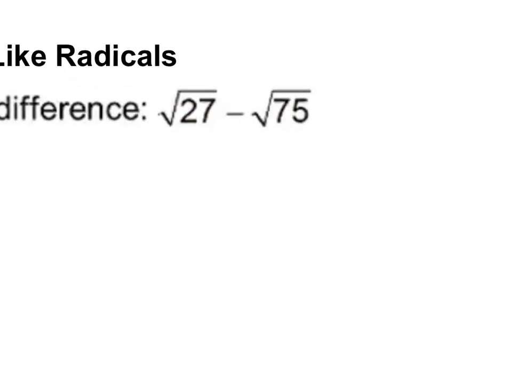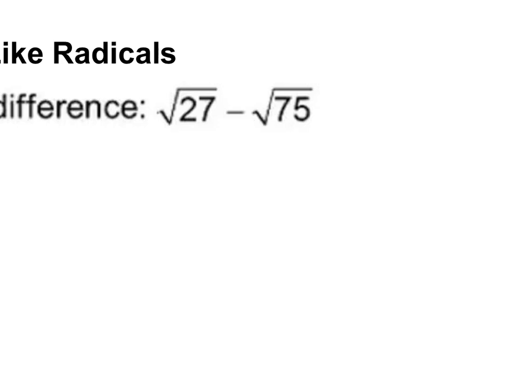So what I want to do is simplify the square root of 27 minus the square root of 75. If I take the square root of 27, I can separate that into the square root of 9 times the square root of 3. I did 9 and 3 because I can take the square root of 9.